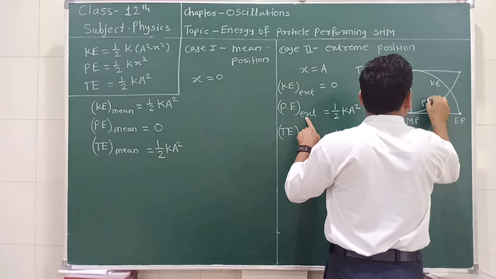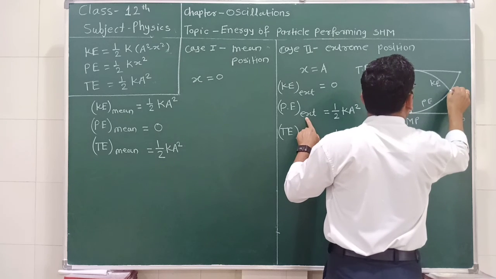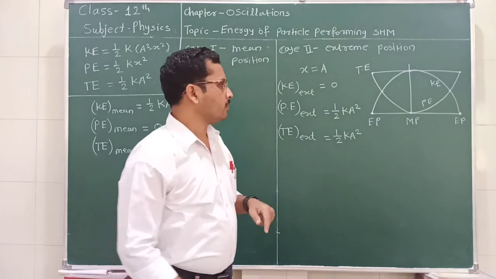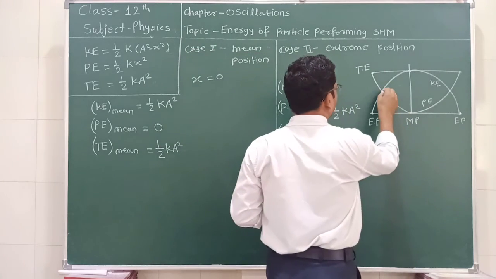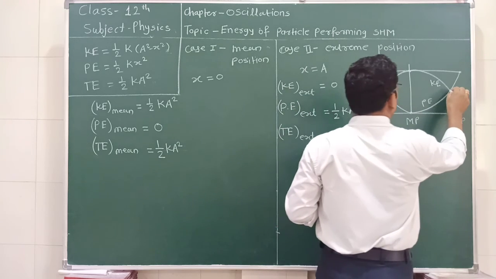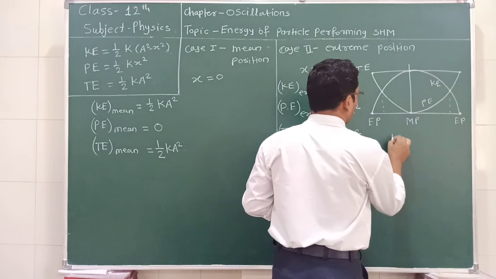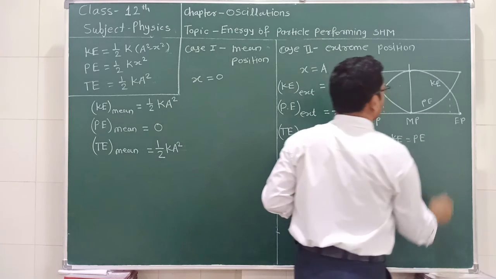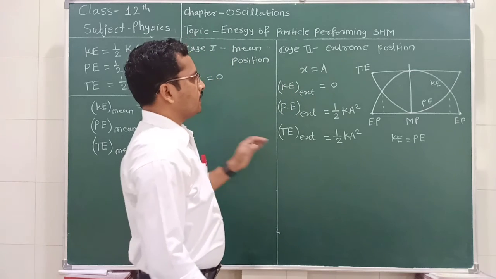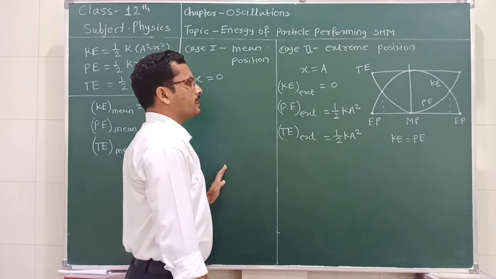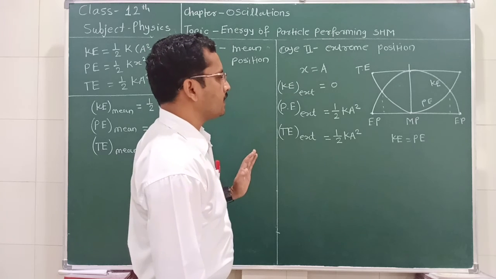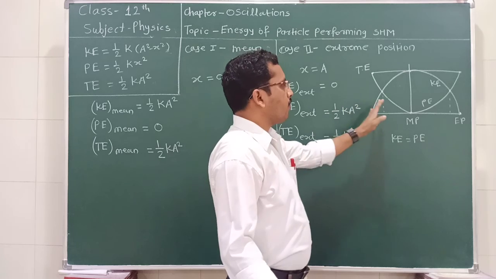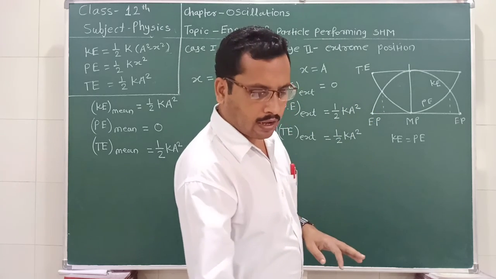As we observe, there are two points, this point and this point, at which the kinetic energy is equal to the potential energy. As the kinetic energy increases, the potential energy decreases, and vice versa. So these cases can be explained with the help of this simple graph.